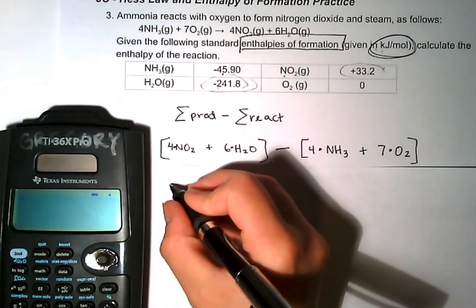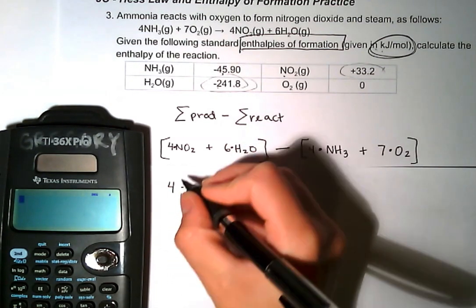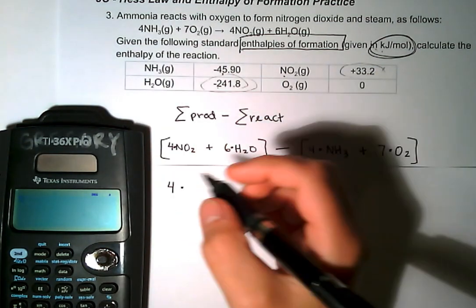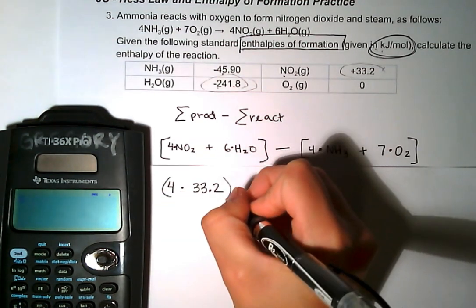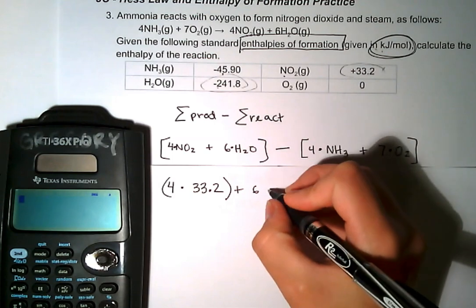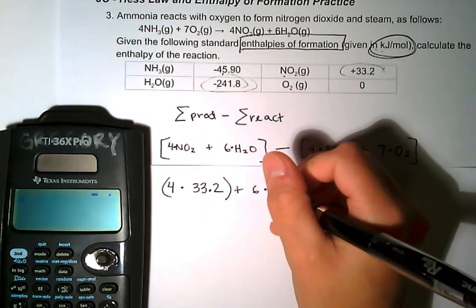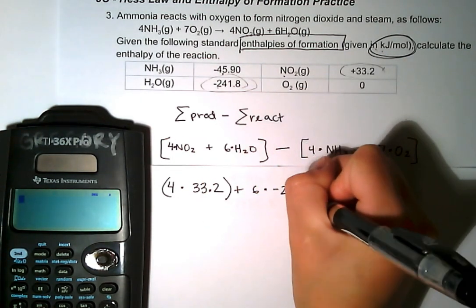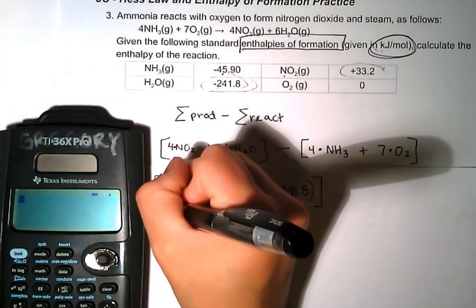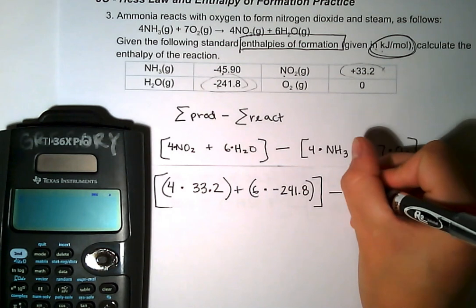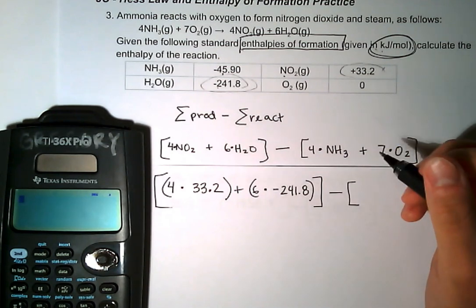Fill in some values. So we have 4 times the value of NO2, which is 33.2, plus 6 times the value for H2O, which is negative 241.8.